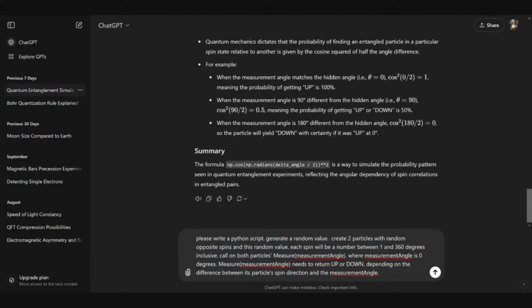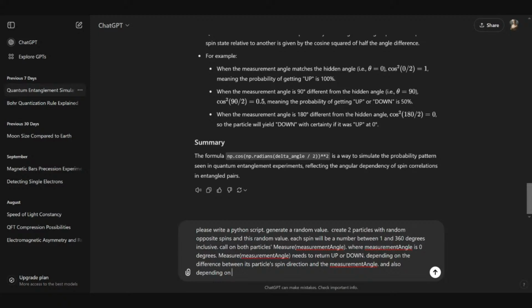So it should use that depending on the difference, and also depending on its particle's random value. So it needs to also depend on the random value.